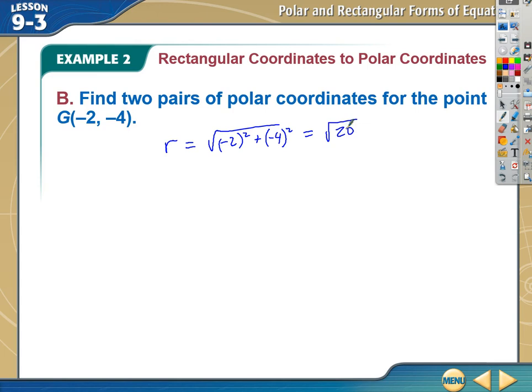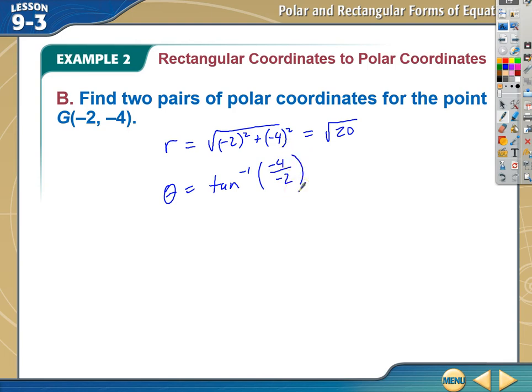But where this is different is in the theta. Your theta is going to equal, same thing here, inverse tangent of -4 this time over -2.